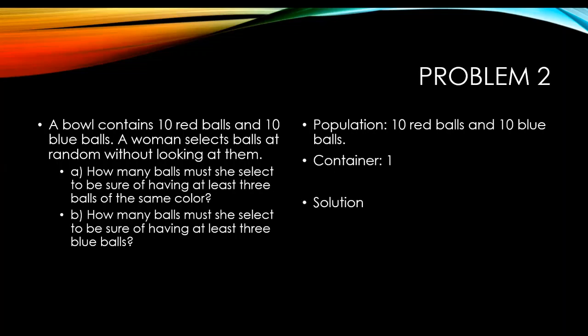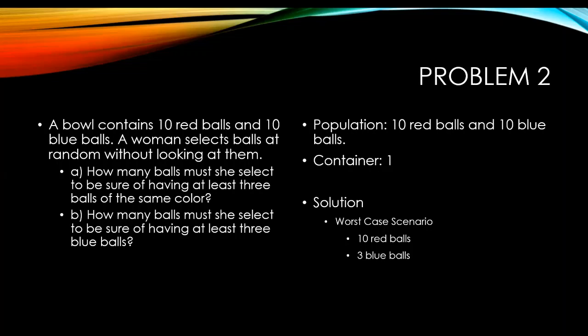The worst scenario would be that we draw 10 red balls first before we could get 3 blue balls. That's the worst case scenario. We get all the red balls first, and then definitely, since there are no red balls left in our choices, we're going to have blue balls after the 10 red balls.